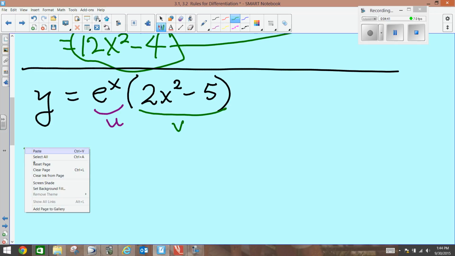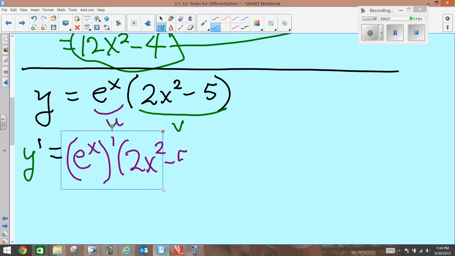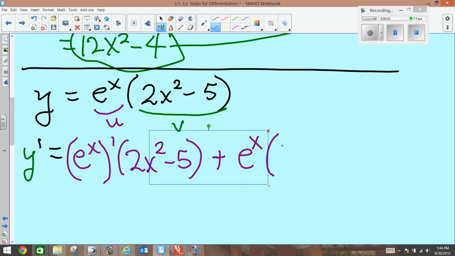Okay, so y prime equals e to the x prime, so u prime times v plus u times v prime.